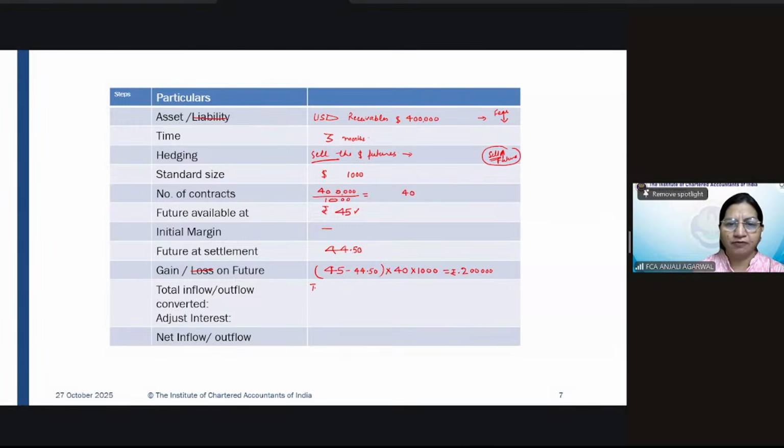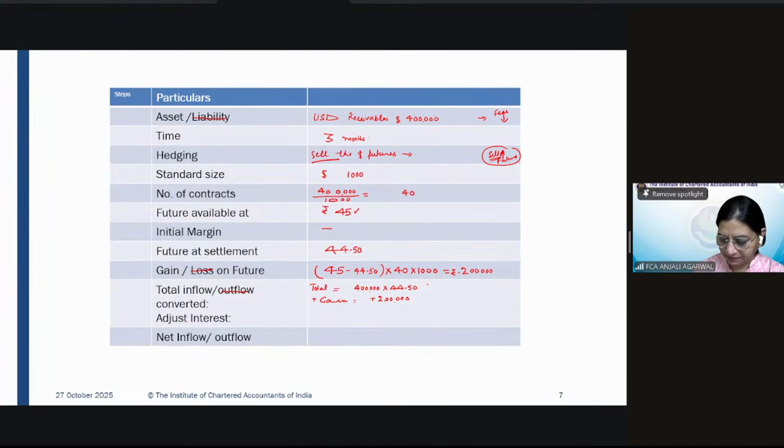So total inflow would be 400,000 into 44.50, plus there is a gain on future, so it will be 200,000. And if there is any interest cost, or if you have given any margin, that will also be adjusted. So this will become your net inflow.